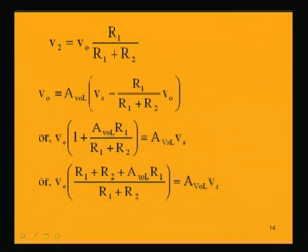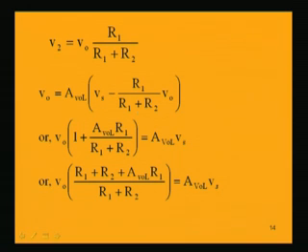So, if we write down V0 from this expression, that AVOL into VID is equal to V0, VID is nothing but Vs minus V2. So, Vs minus V2 is replaced by this quantity V0 into R1 by R1 plus R2.